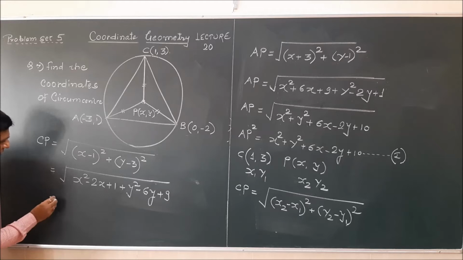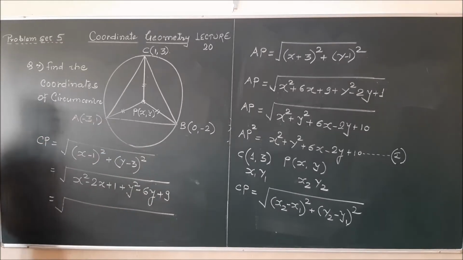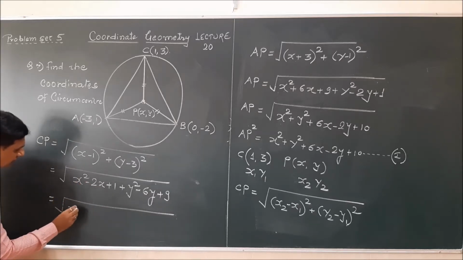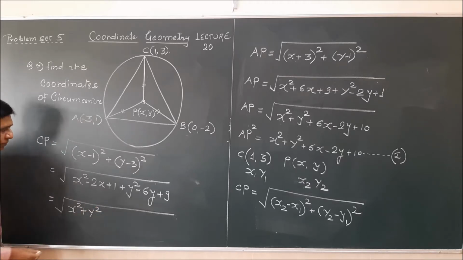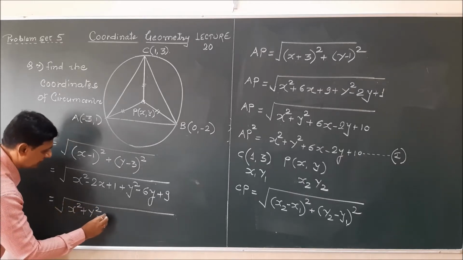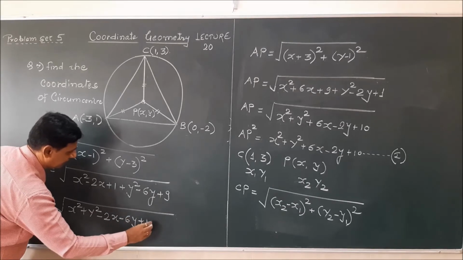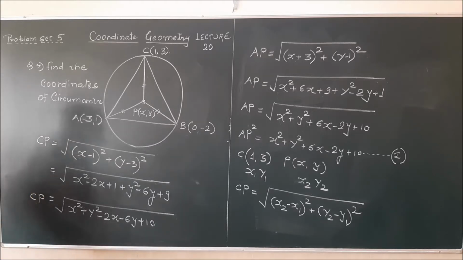Now in the next step what do I get? x square plus y square minus 2x minus 6y plus 10. Very good. So this is the length of CP.